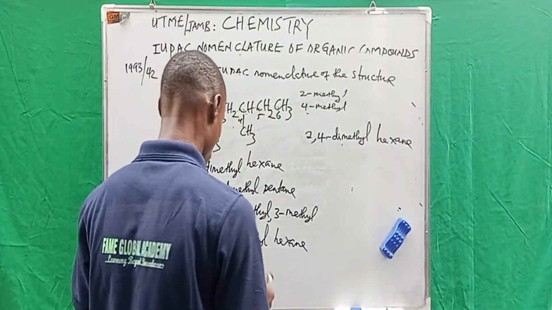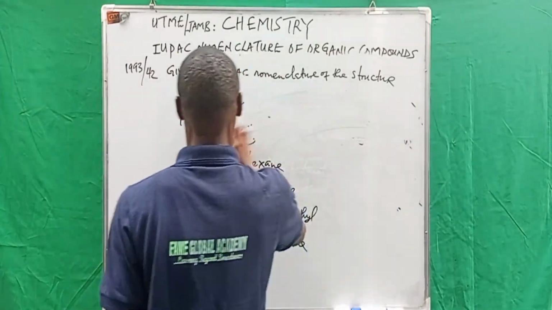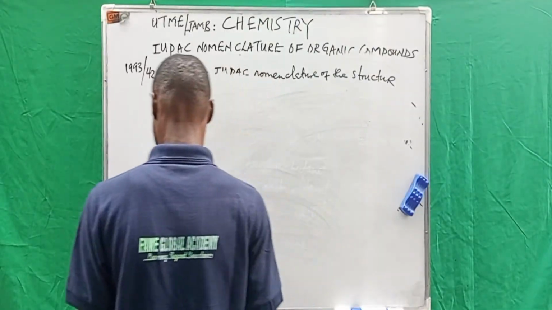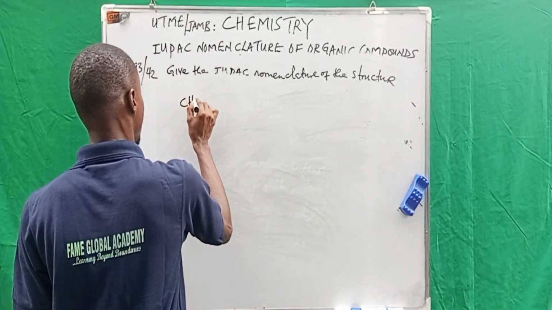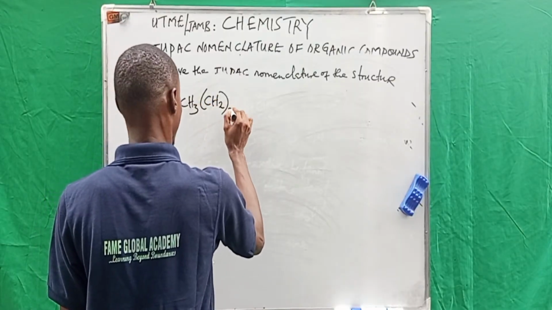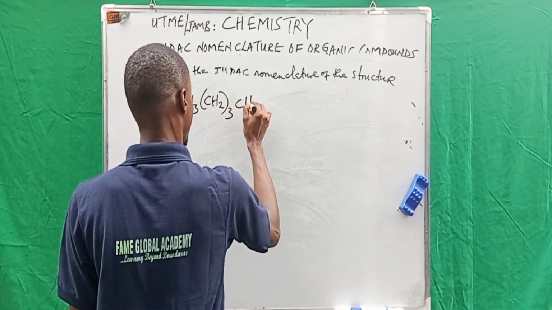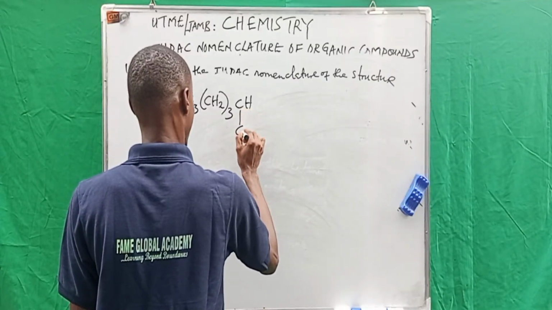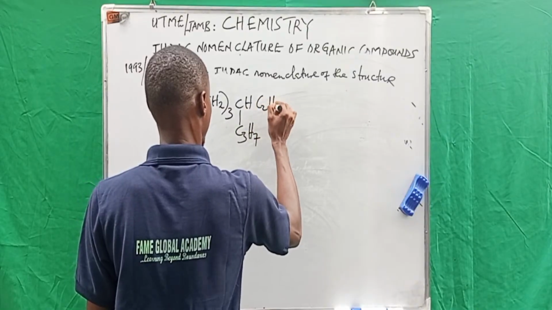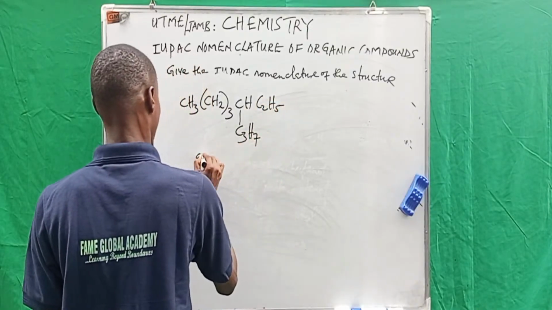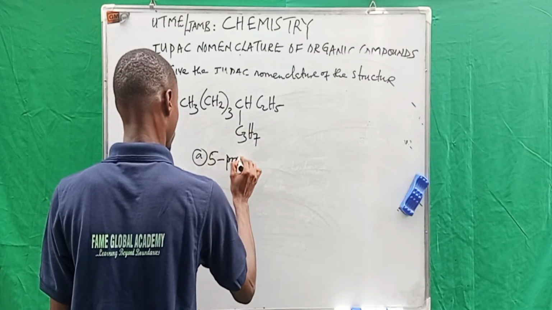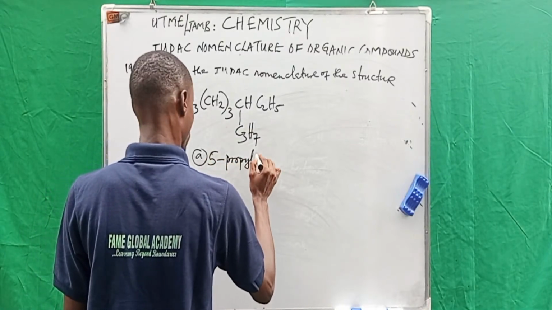We'll take yet another question here. We have another structure, CH3, CH2, 3, then CH, C2H5. Then we have option A, 5-propylheptane.